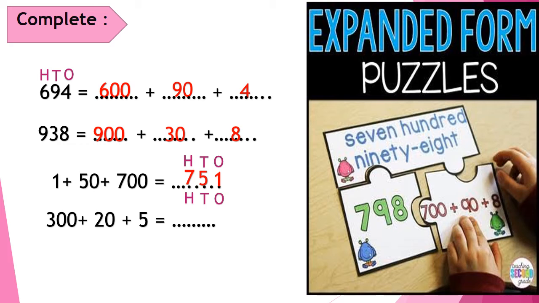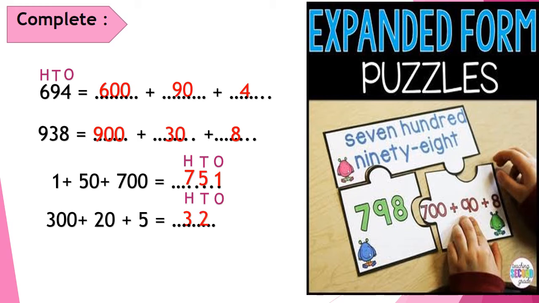To write it in the standard form, we have here 300. 300 has 2 zeros, so it belongs to hundreds. Then I will put 3 in hundreds without any zeros. 20. 20 has 1 zero, so it belongs to tens.